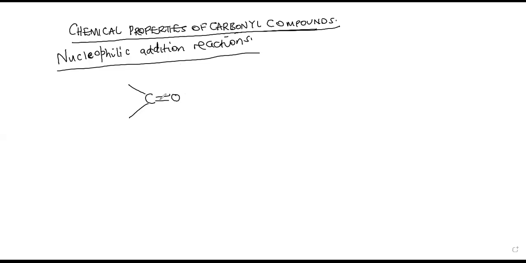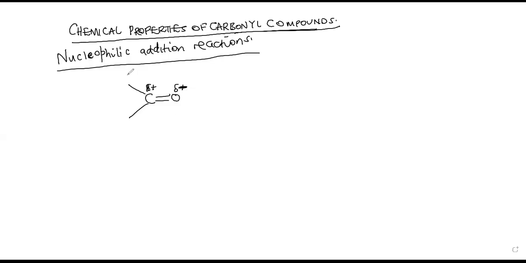So since more electrons are attracted to oxygen, it becomes partially negative. Sorry, electrons are leaving carbon, so it becomes partially positive, and the oxygen becomes partially negative, making the carbonyl group polar.